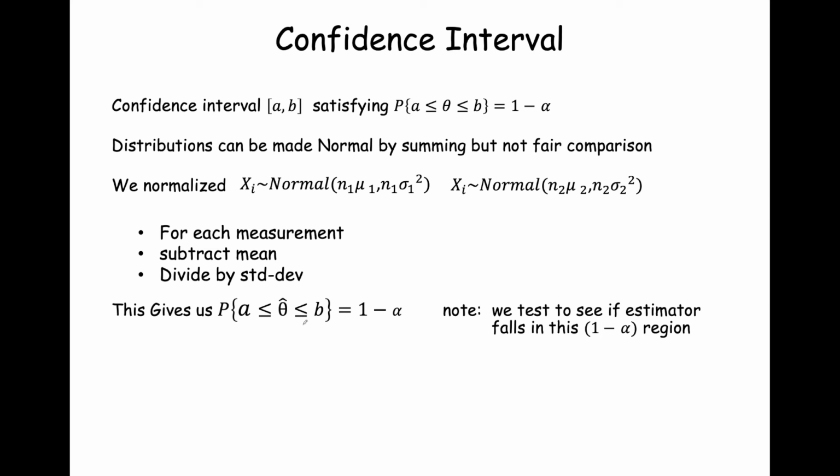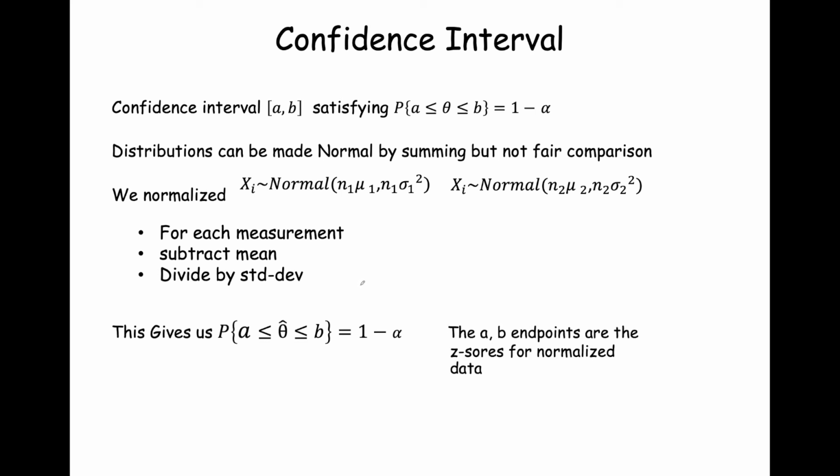Now, of course, what this represents is a kind of test to see how often this estimator for theta, we call it theta hat, falls within this region on the closed interval between A and B inclusive. And so the A and B endpoints are going to be the z-scores for the normalized version of the data, for which you used a sum and you subtracted the mean and divided by the standard deviation.